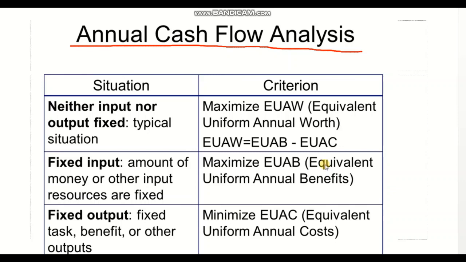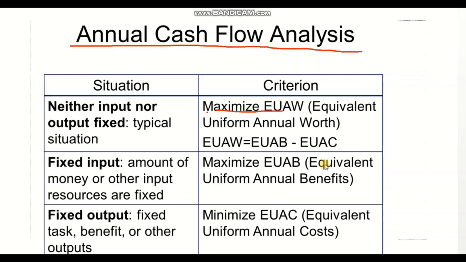And the criterion is to maximize the equivalent uniform annual worth, which is the equivalent uniform annual benefit minus the equivalent uniform annual cost. So we need to maximize it.